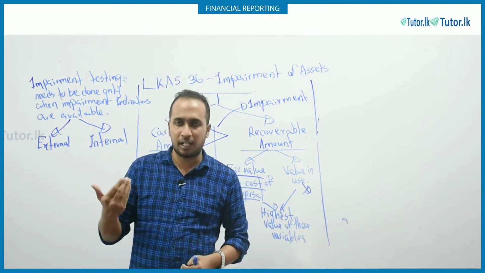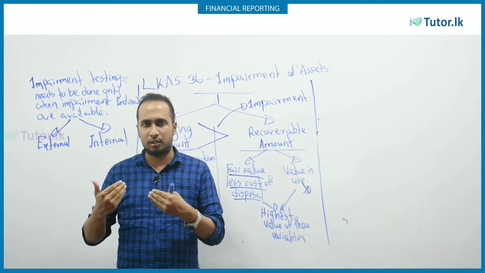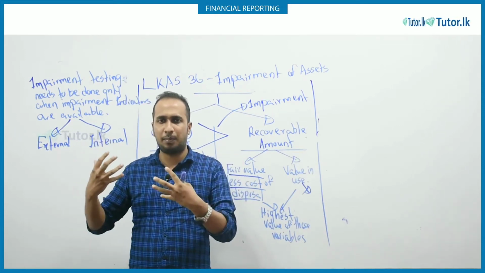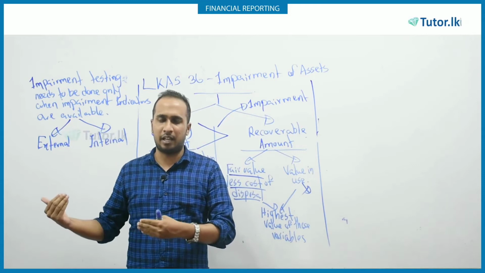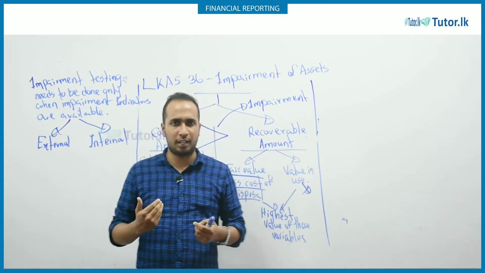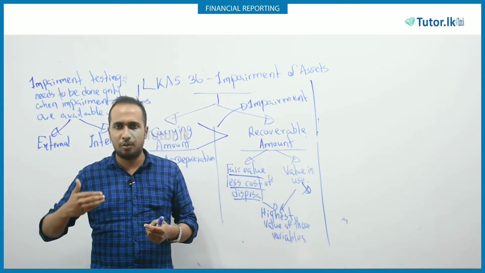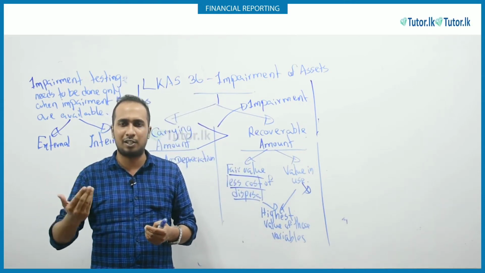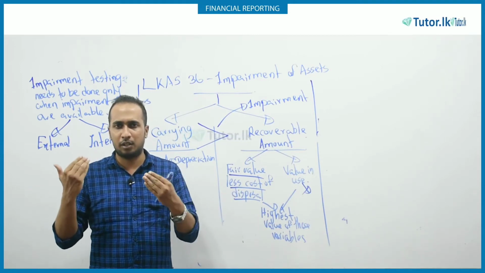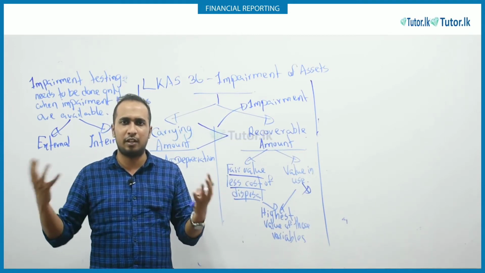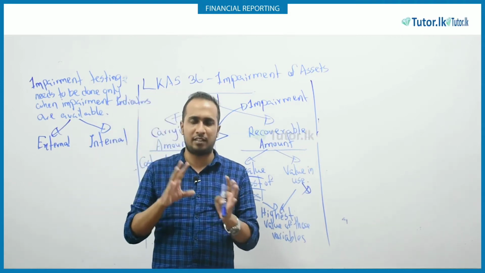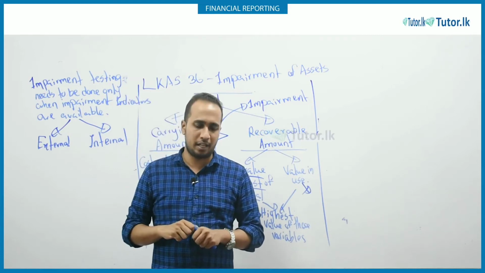For example, the market price of this type of asset has declined significantly. In this case, for a machinery item, the value of the products manufactured using this machinery is not good, and the demand for those products is very low. If there is some sort of external market information like this, there can be an impairment loss.